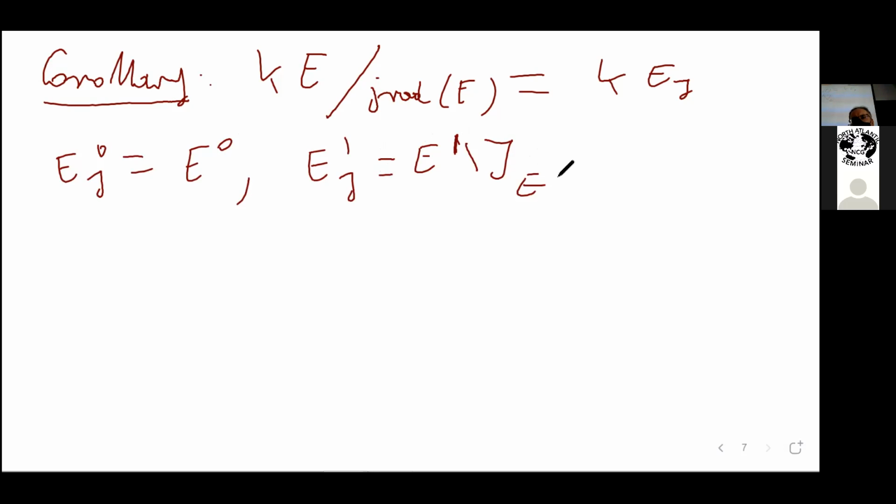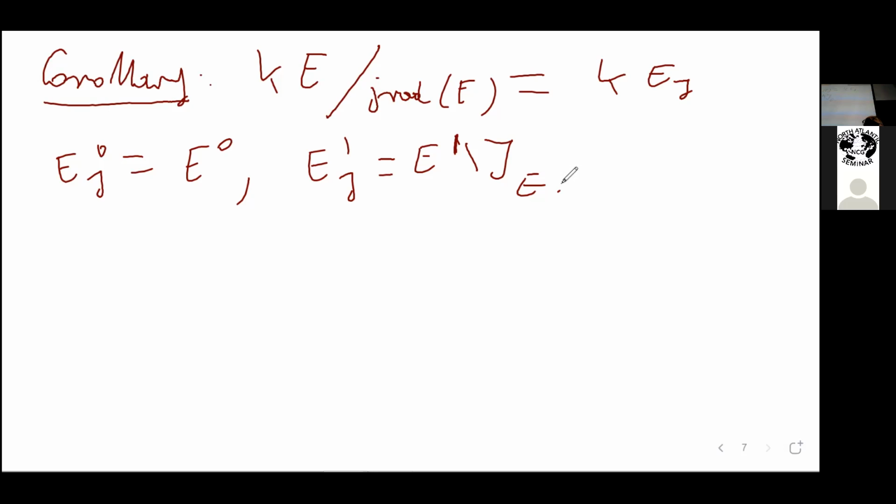So I remove Jacobson edges from the set of all edges. And this is obviously a subgraph, and it has the property that this is naturally isomorphic with this quotient algebra. So this is telling you the story of how to kill the radical.